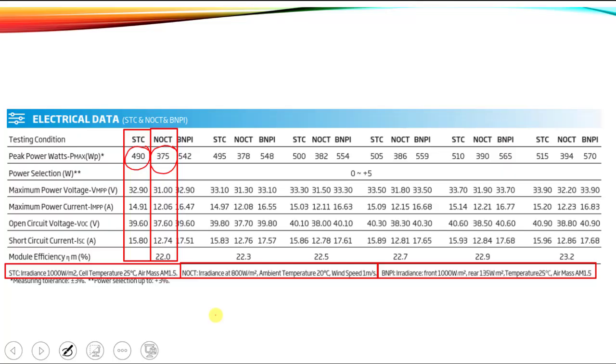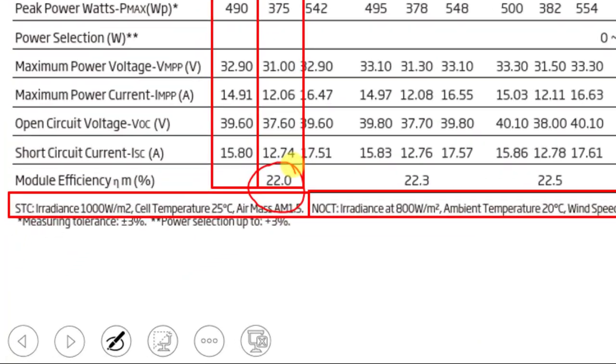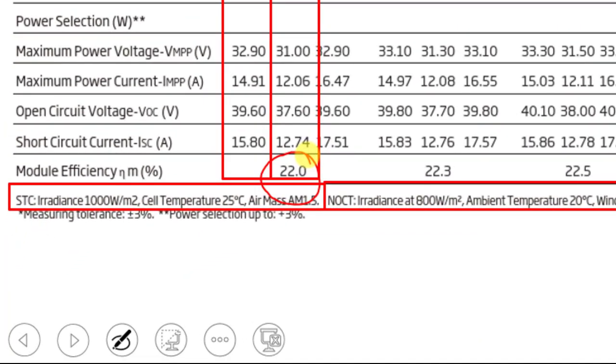The point here is that the same PV module, given different conditions, will produce different power. Similarly, the other parameters also change. You can see here that the maximum power voltage, maximum power current, open circuit voltage, short circuit current, and module efficiency are specified for STC and NOCT separately. Now, the module efficiency is 22%. Why is it the same for STC, NOCT, and the third one, BNPI?